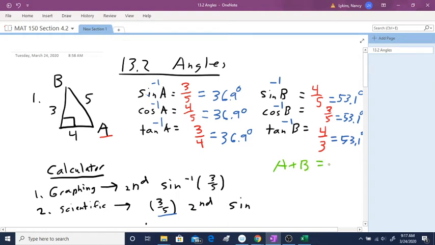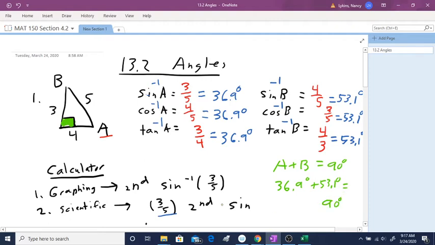A plus B has to be 90 degrees because we already have a 90 degrees right here that I'm shading in. A triangle has 180, so that's 90 available. So then I need to put in 36.9 degrees for A. B is 53.1 degrees.